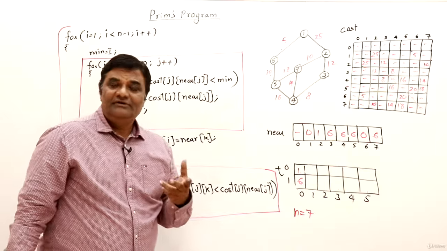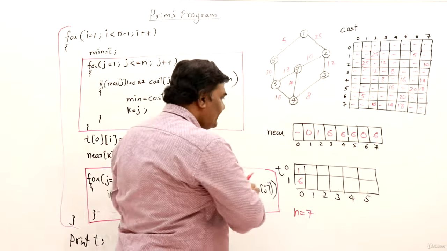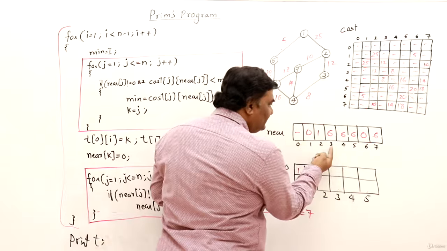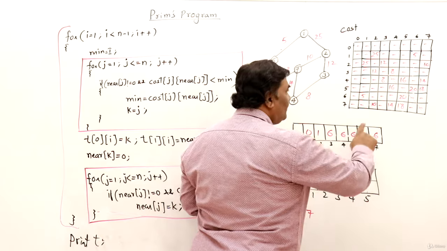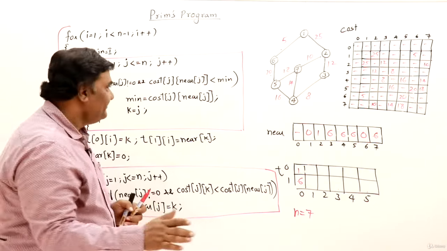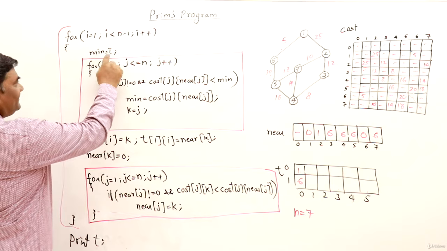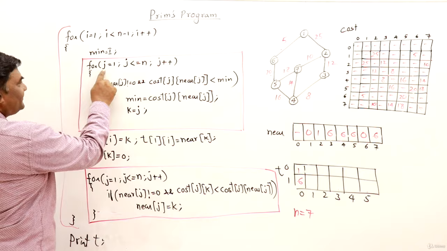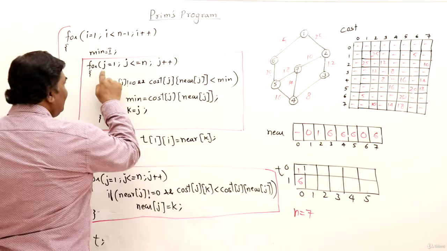Now in the repeating steps, what we were doing was finding the minimum of this. Minimum of what? 2, 1, 3, 6, 4, 6, 5, 6, 7, 6. Out of all these edges, whichever is smaller, that we were finding. So for finding the minimum, here is a loop. First of all, a variable minimum is assigned infinity. Then the for loop runs from 1 to n. This loop is taking variable j.